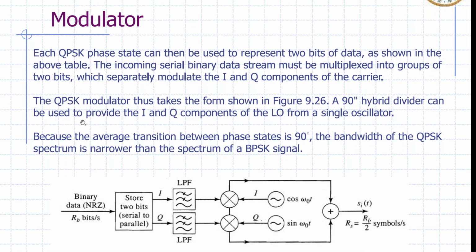A 90-degree shifter can be used to provide I and Q components of the local oscillator from a single oscillator. So the carriers are generated by a local oscillator. So you have two carriers or two basis functions, one cos and another sine. Because the maximum phase transition is 90 degrees, the bandwidth of the QPSK is narrower.